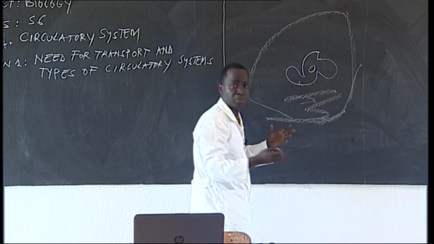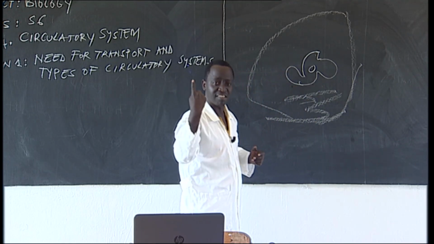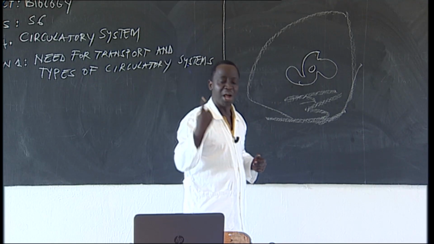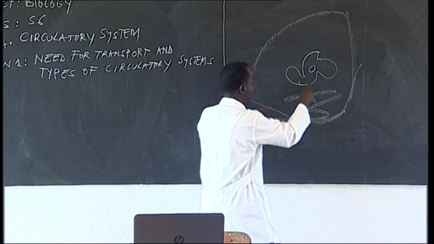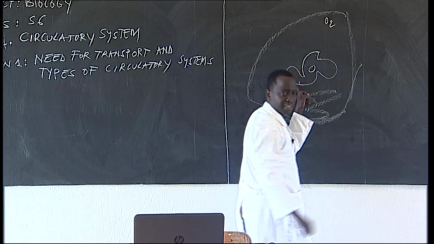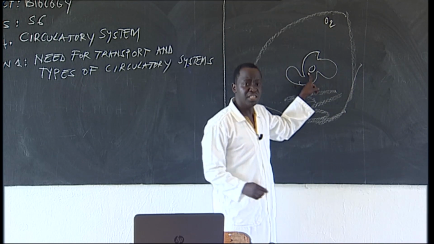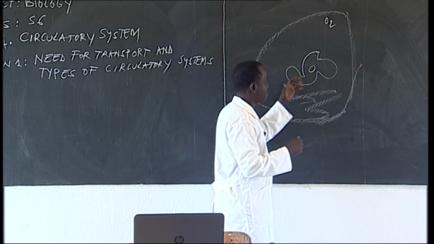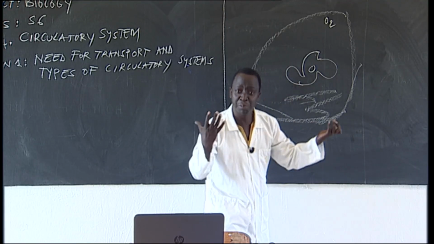It is unicellular. It consists of what? Of a single cell. So now, what's going to happen? For example, if this needs oxygen which comes from outside, it will not need a transport system because it is a unicellular organism, it is simple.